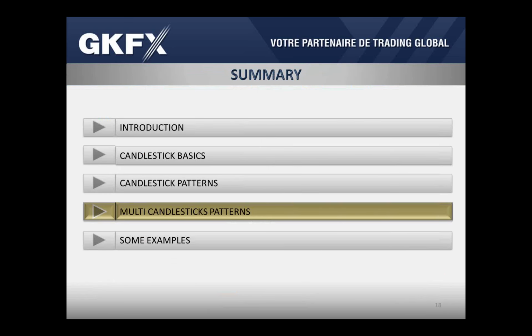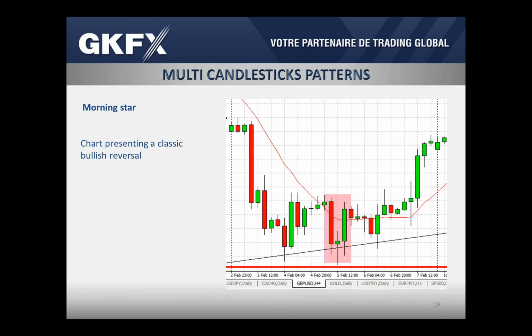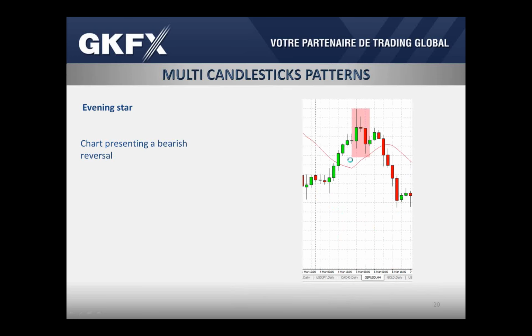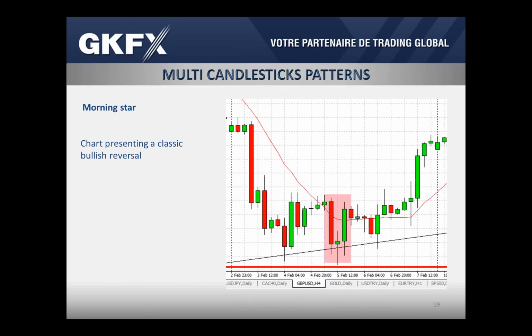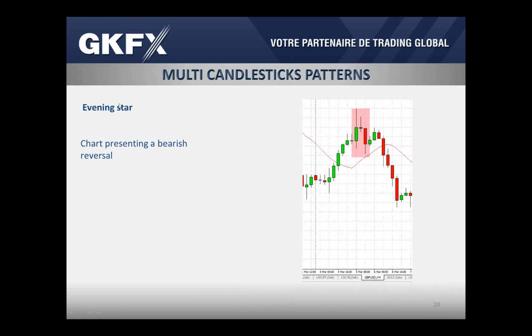Anyway, so I was presenting the morning star, which announces a bullish reversal composed of 3 candlesticks: a massive bearish one, a short body or doji, and finally a massive bullish candlestick. And then the contrary, an inverted morning star, but this time it's called the evening star.